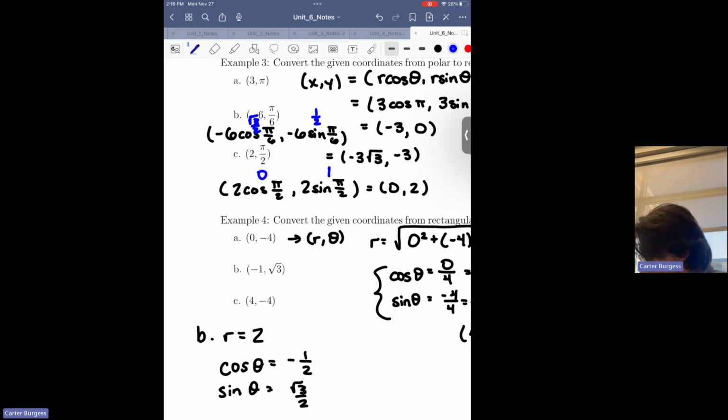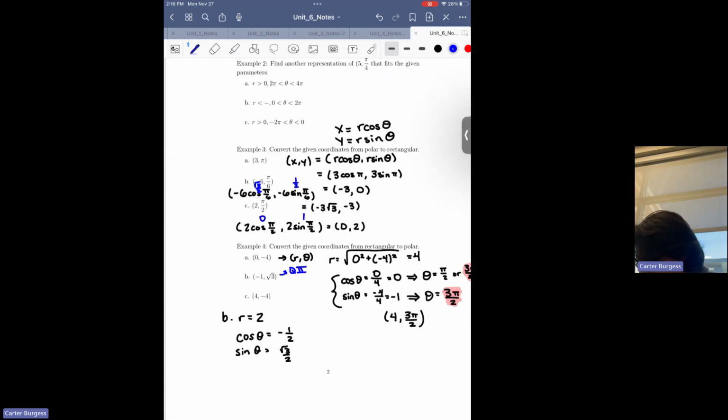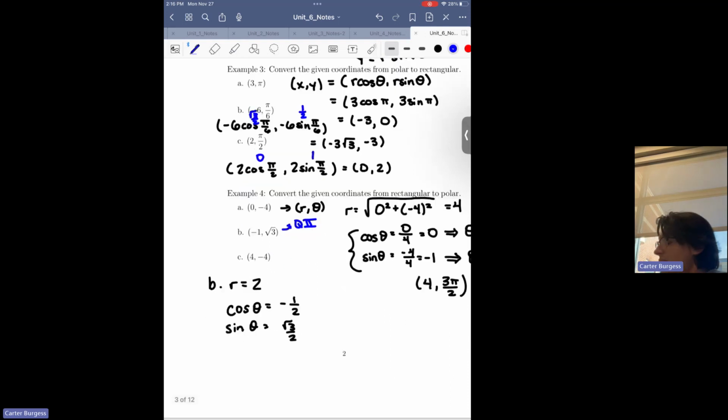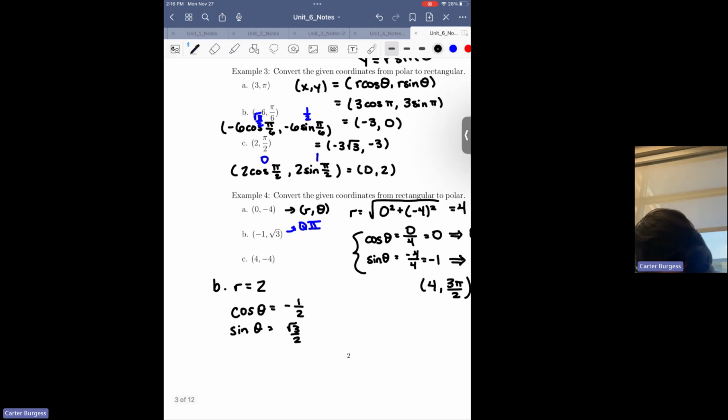-1, √3, where is that going to live? Yeah, that's just a quadrant 2 point. And so we're looking for a quadrant 2 angle to go alongside our quadrant 2 point. Cosine of theta equals -1/2. What are the two values of theta for which that is true? Yep, and the other one would be 4π/3.